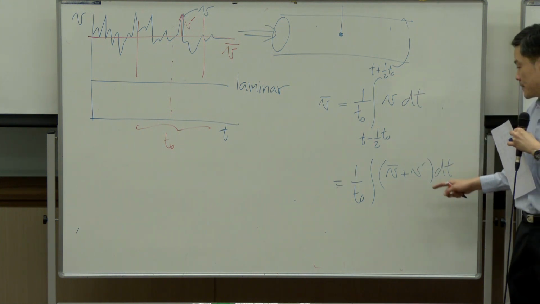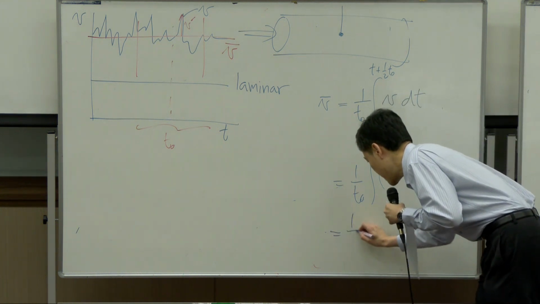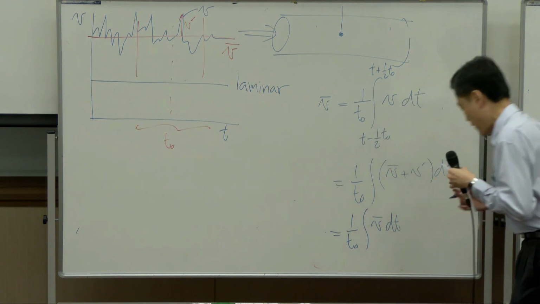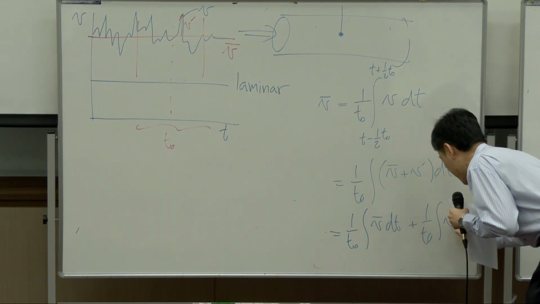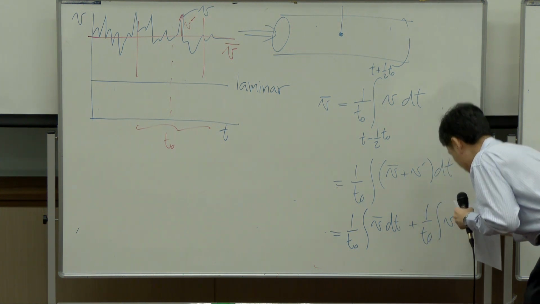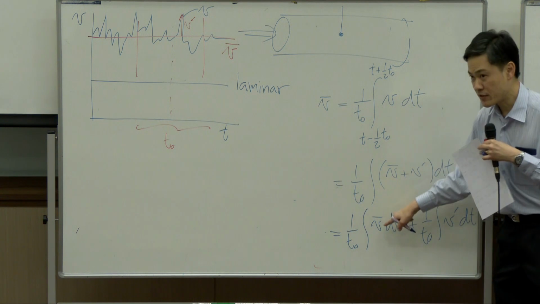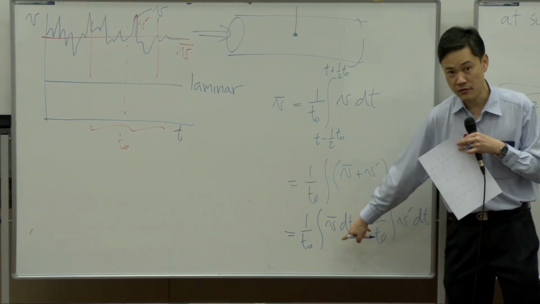So if you split this into two parts, the first would be the integration of the average velocity itself and the integration of fluctuation. This is how we find the average. This is the average of average.